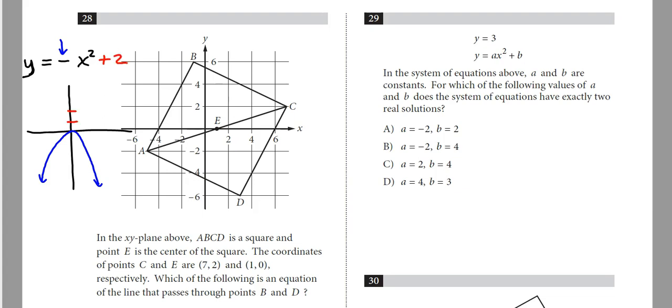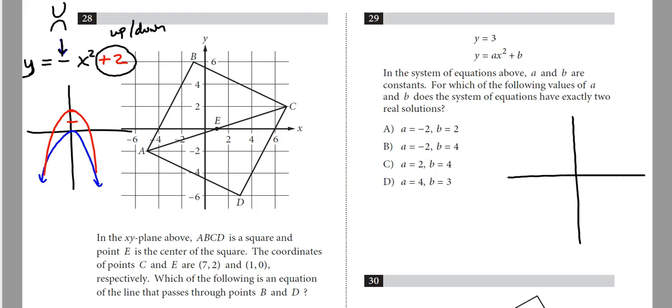Now it's still coming down, but it's moved up 2. So the big thing I'm trying to show you is that the back number is whether it shifts up or down, and the front number tells me whether the bowl opens up or down, not where it's shifted.